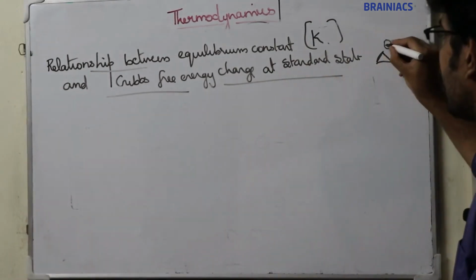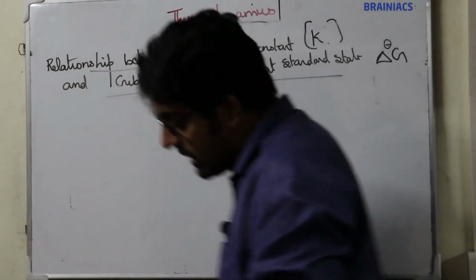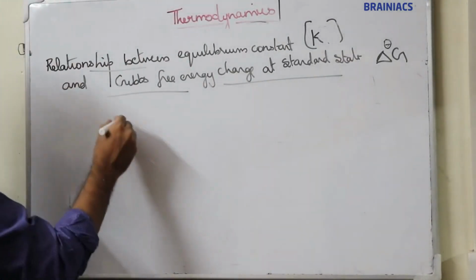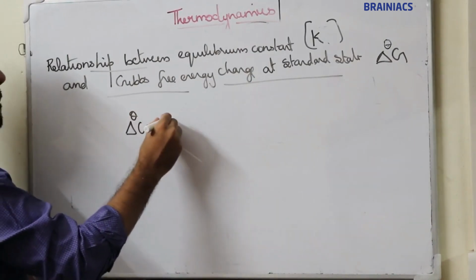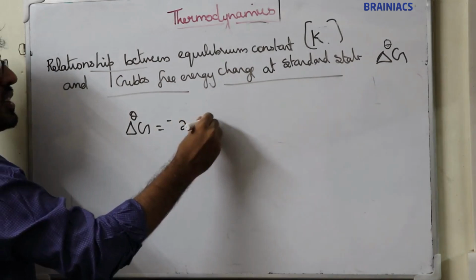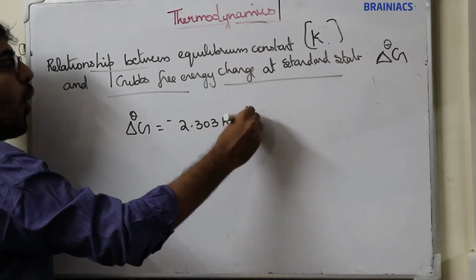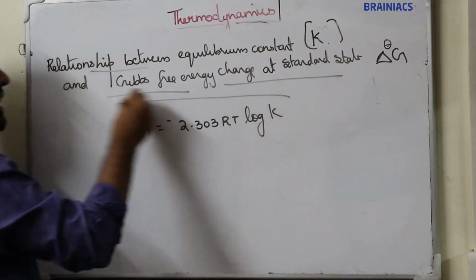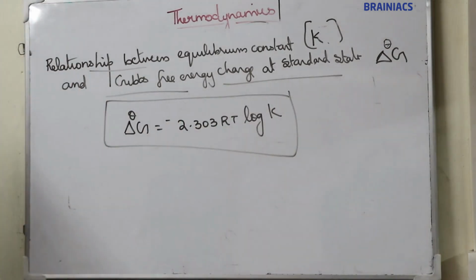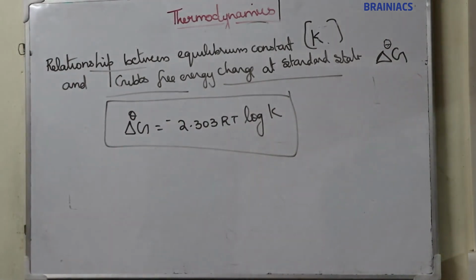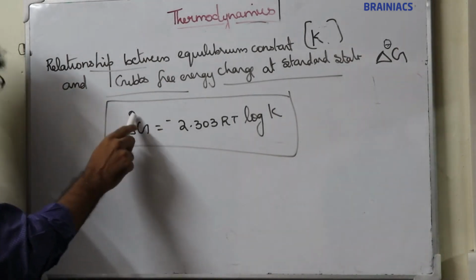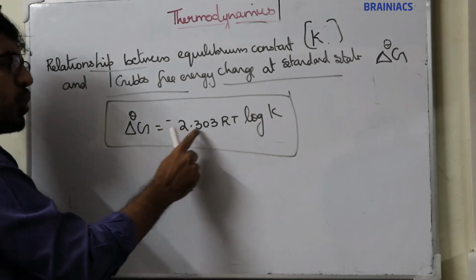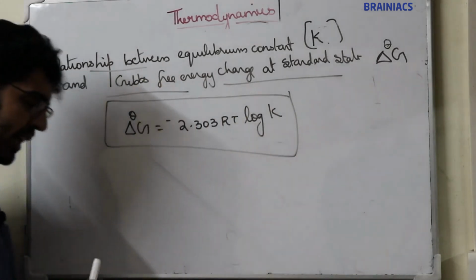The relation between K and delta G theta is delta G theta is equal to minus 2.303 RT log K. This is the relationship between standard Gibbs free energy change and equilibrium constant.